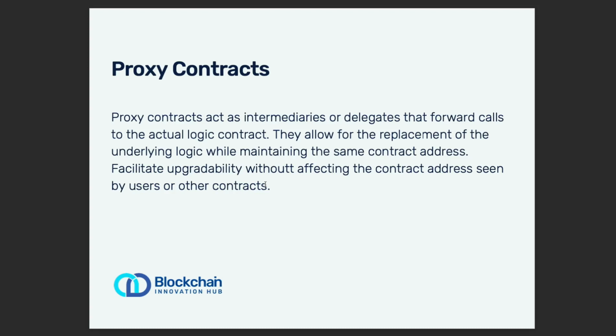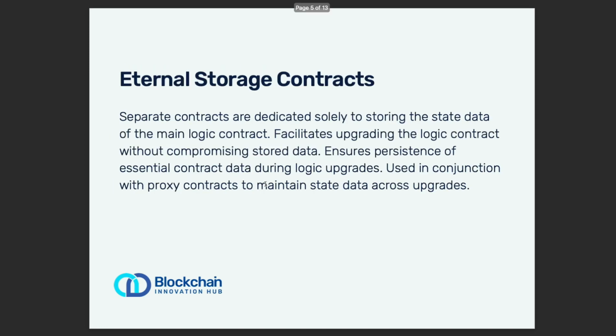So when you are developing or even in live production, you can make underlying logic changes, and you can do all of this without affecting the contract address that is known to users or by other contracts. So when users are making use of your smart contract address, you can still make changes, and you don't need to change the contract address that the users are using. So that's how a proxy contract works.